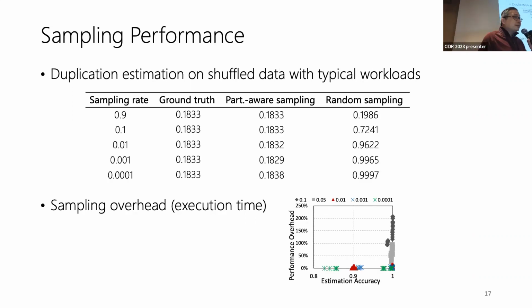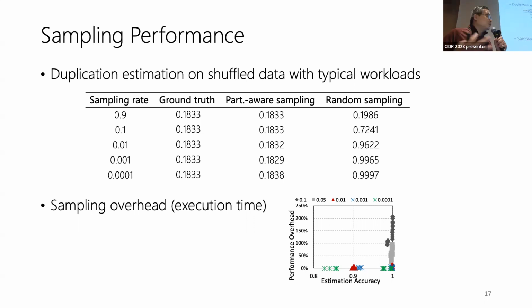In terms of evaluation results, here are some of the main takeaways. The first is that if you do things in a partition-aware manner, you can get very high accuracy. In fact, when we compare to the ground truth in terms of the deduplication level, we can get really close even if we don't have a high sampling rate.